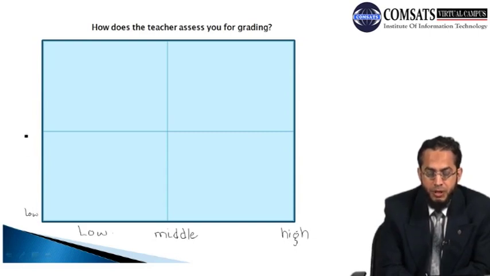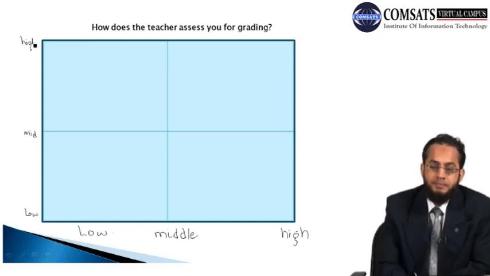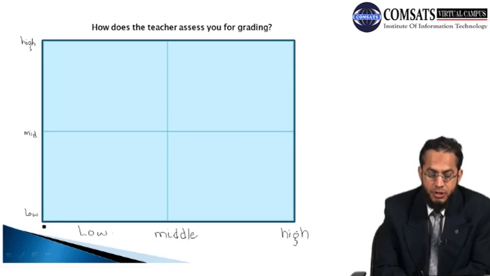Here the values would be the middle values or the mid values, and here the values would be the high values, right? Or this point can be called the point of origin, or we can say it's a zero starting point.